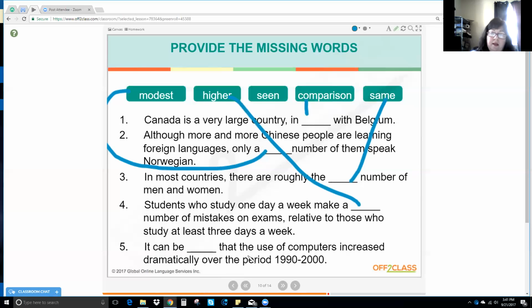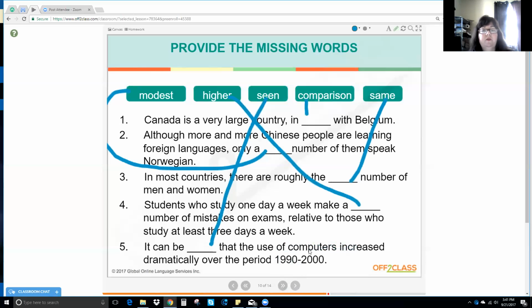It can be blank that the use of computers increased dramatically over the period 1990 to 2000. It can be seen, it can be understood, it can be deduced, it can be known. So I think if you know 2 or 3 synonyms for a way to describe a difference like that, you'll be okay, even just 2.